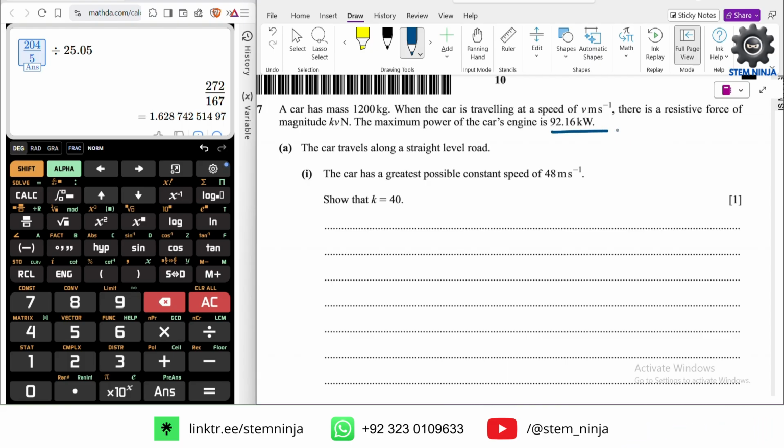The car travels along a straight level road. The car has greatest possible constant speed of 48 meters per second. Okay, so remember this, that the greatest possible constant speed can only come from greatest possible power of the engine.